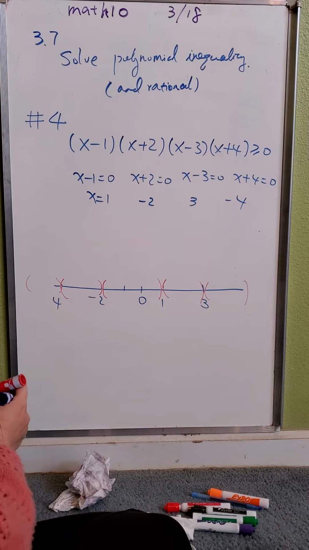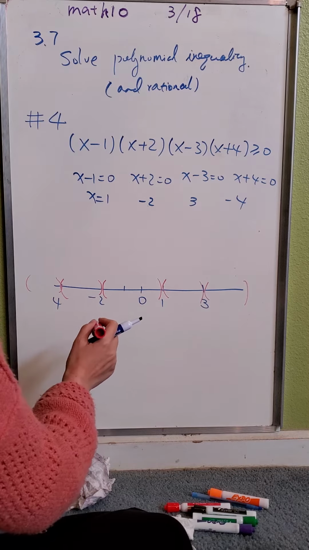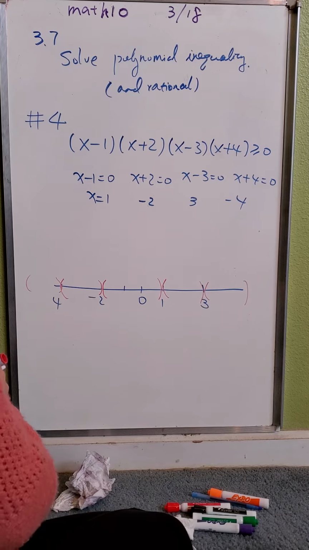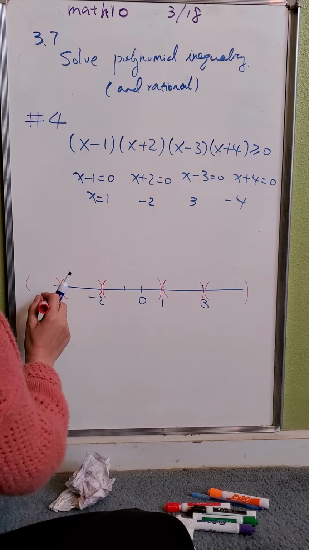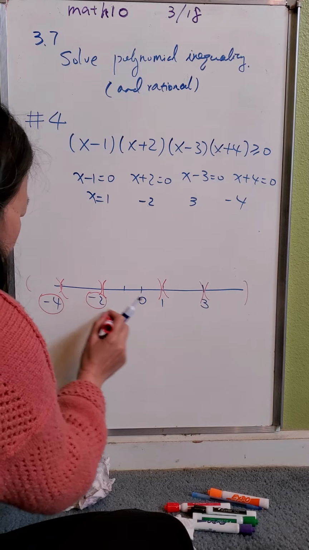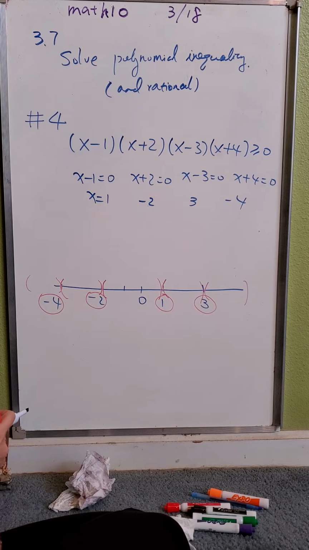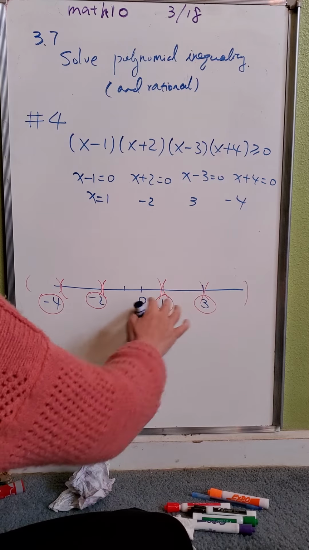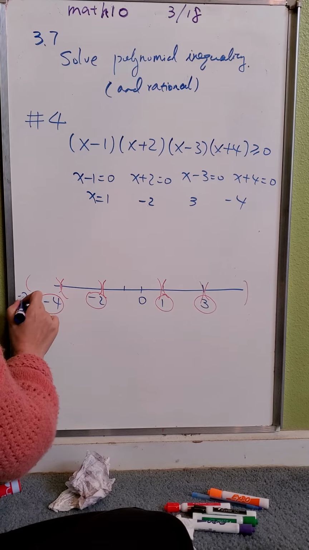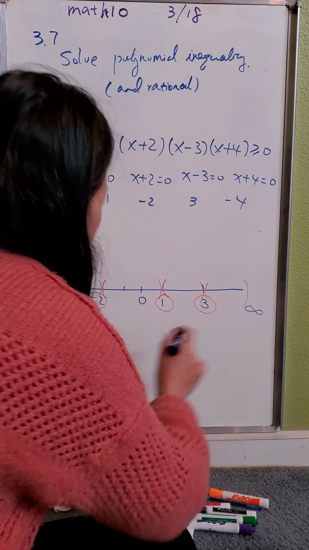So all the x-intercepts, oh, I'm sorry, this is negative 4. The ones here are circles, and between them we'll make an interval, and this side is negative infinity, and that side is positive infinity.